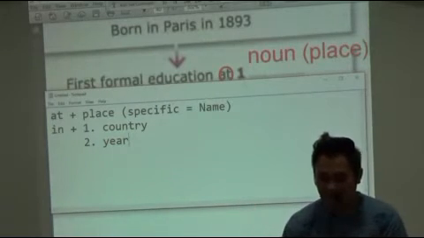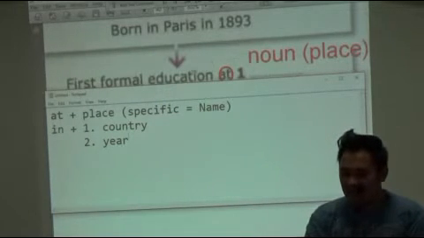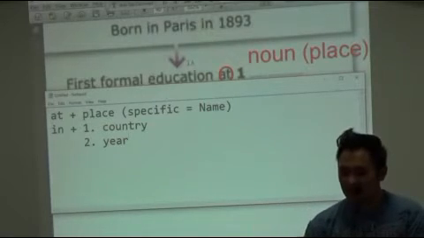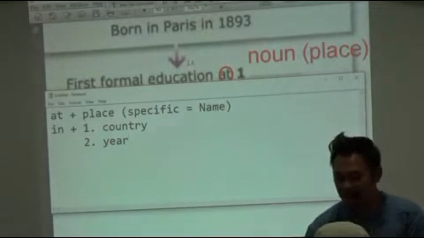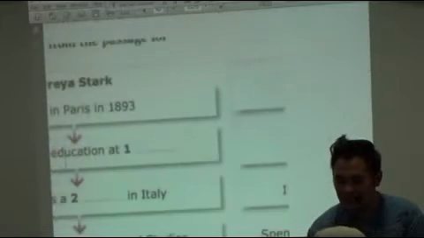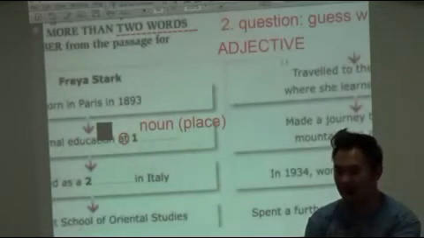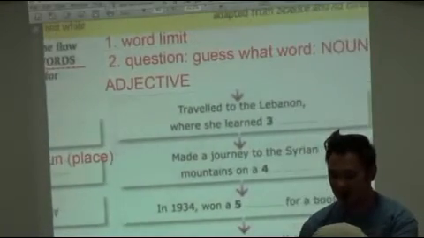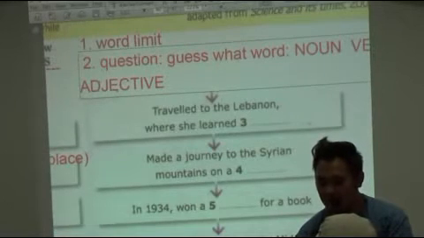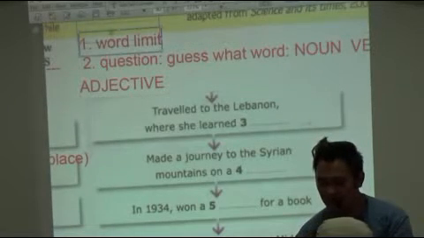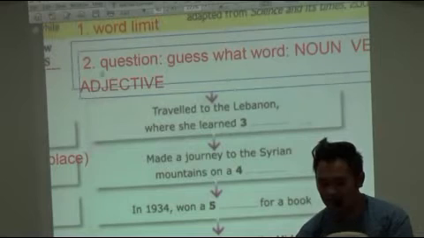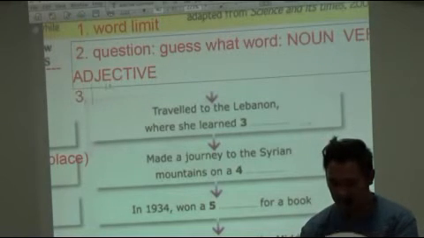Now, the next thing that you're going to do. At, place, in a country or year. The next thing that you need to do, step 3, is you need to find your keywords. 1, word limit. 2, question. And then 3, we have to look for keywords.